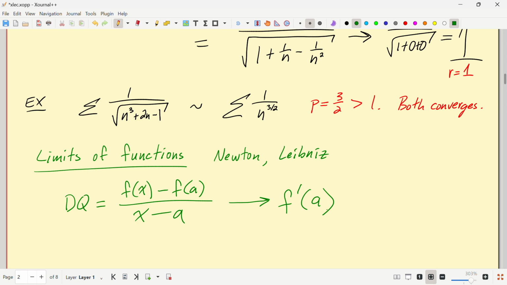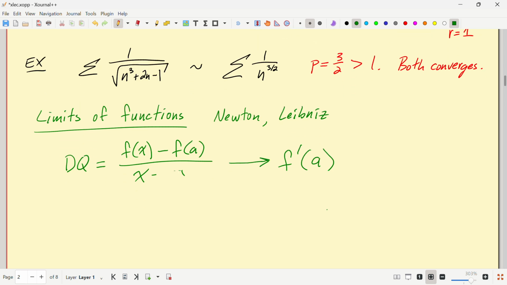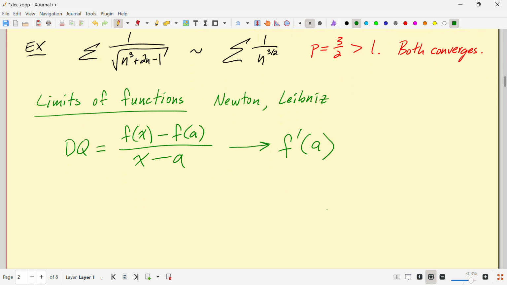And so in trying to invent words to talk about this process, notice that this difference quotient is not defined at x equal a because there's a 0 in the denominator. So that's going to be part of the definition of limit. We don't care if the function we're dealing with is defined at the actual point. It's going to be what's happening for the function nearby.